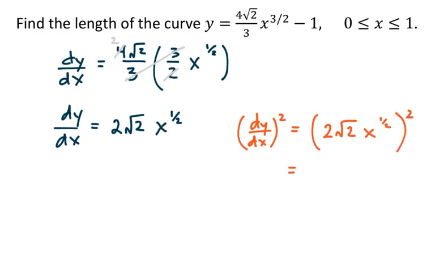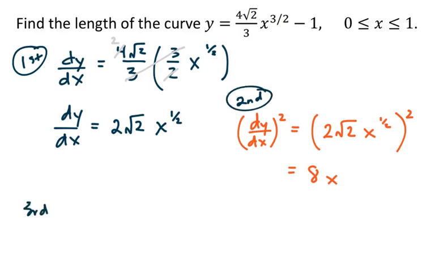That turns into 4 times 2, 8, and x to the 1/2 squared, multiply those powers, you get 1. So my derivative squared is 8x. So the first thing I did was find my derivative, then I squared it. So we've got first, second.